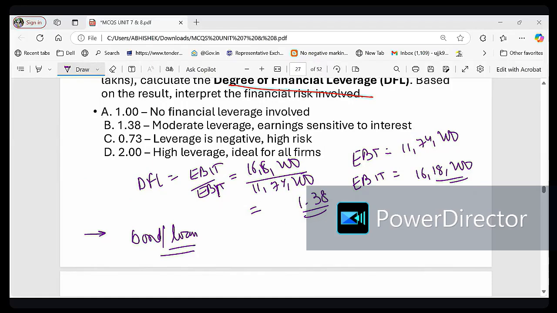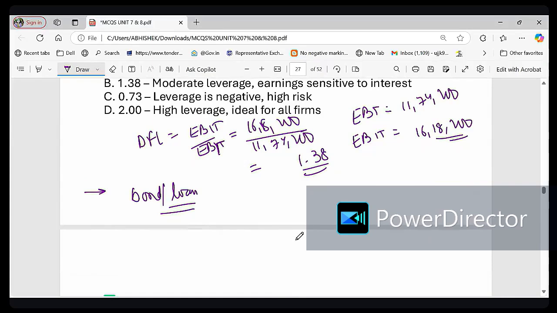Everything is okay, fine. Now friends, listen to my word carefully, what financial leverage is all about. Imagine a company is doing well and earning good profit, but instead of using its own money, it borrows some to grow faster through bond and loan. Now it must pay interest on that borrowed money.